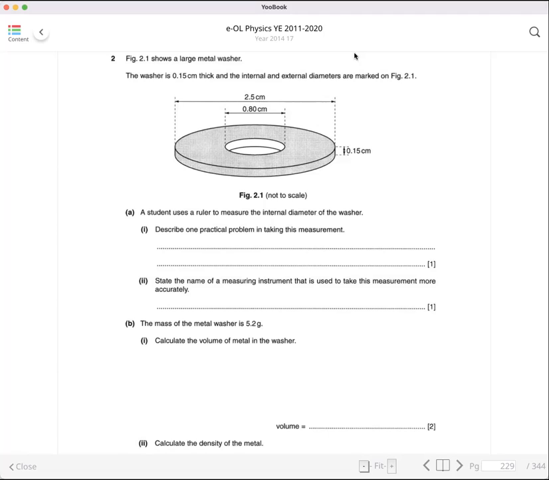Okay, I got the answer for B part 1 and 2 already. What's the answer that you all get?